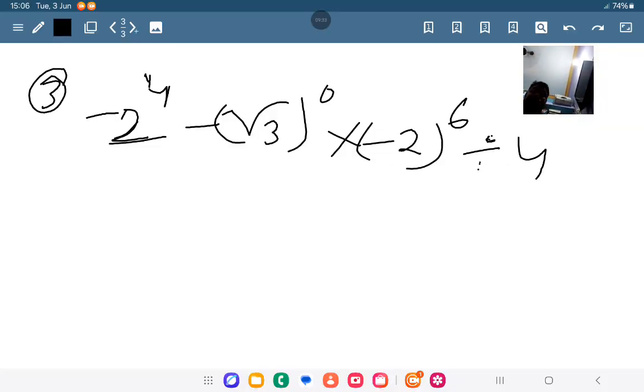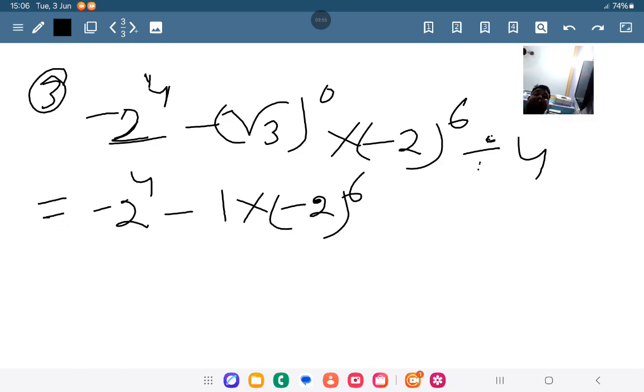Now let's solve. Is equal to minus 2 to the power 4 minus. Here I have already told you something to the power 0 is equal to 1. Here root 3 to the power 0 is equal to 1 into minus 2 to the power 6 divided by 4, which is 2 to the power 2.